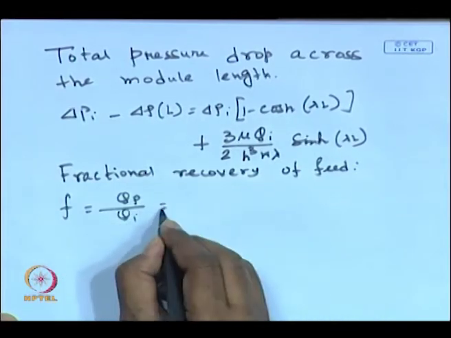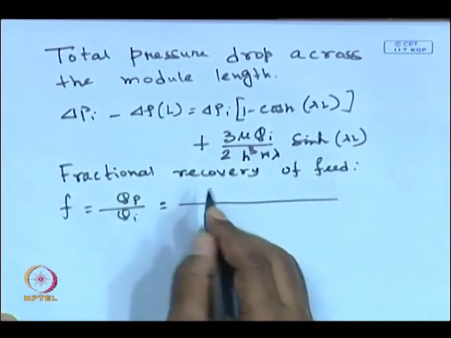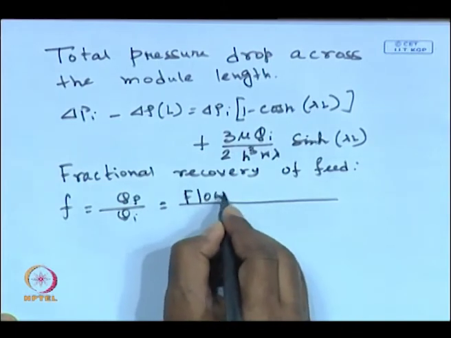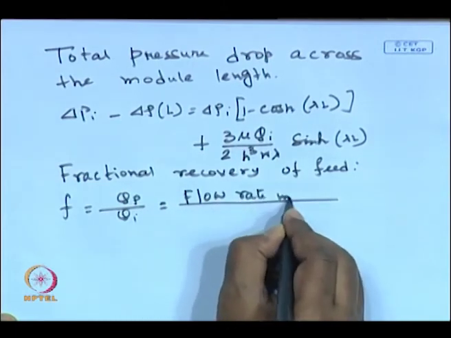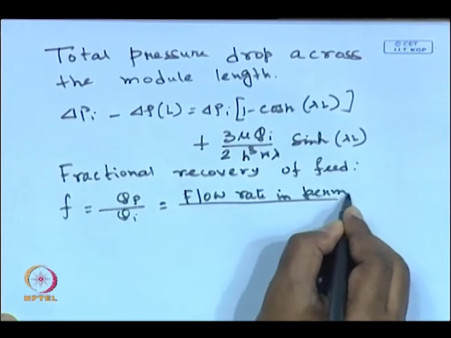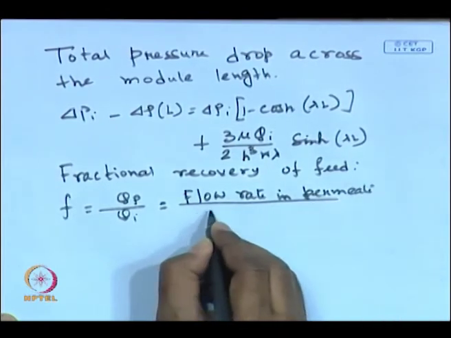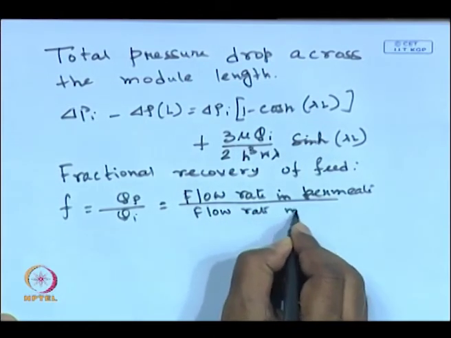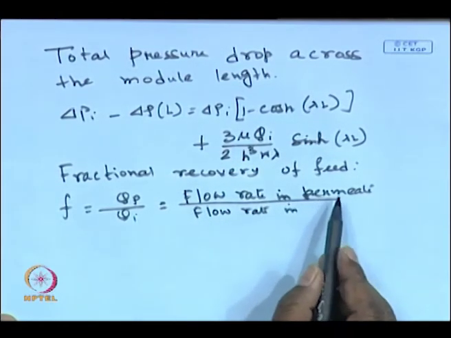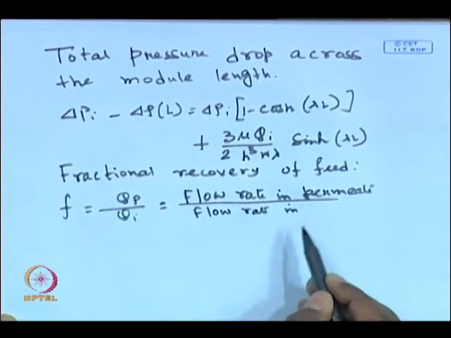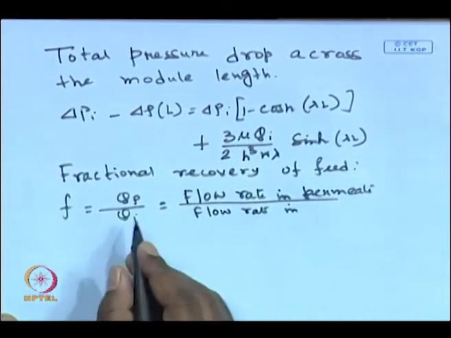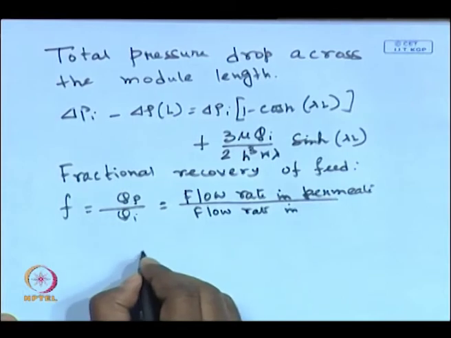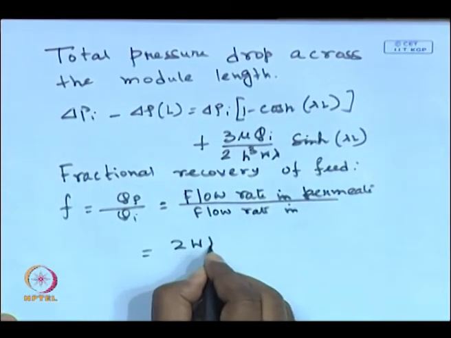That means the total flow rate in the permeate divided by the flow rate in. That means material going out in the permeate divided by material going into the system per unit time. So, this becomes 2 W L P.